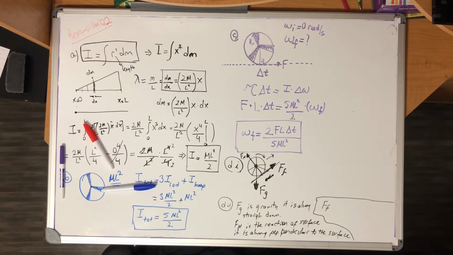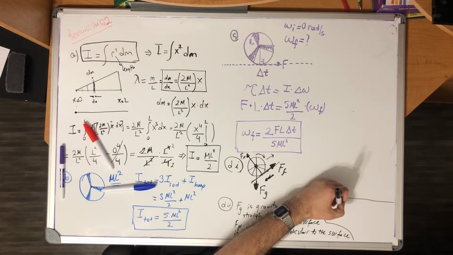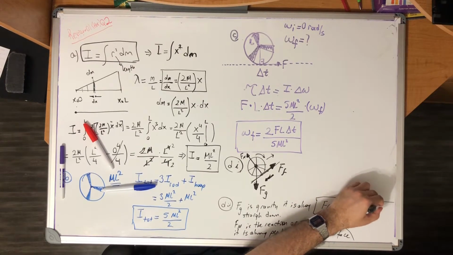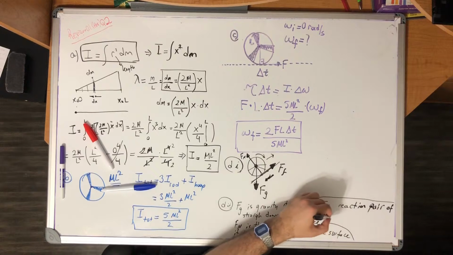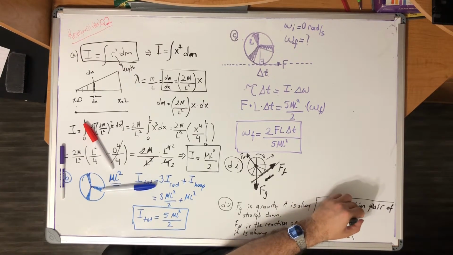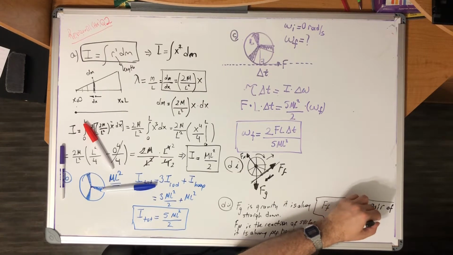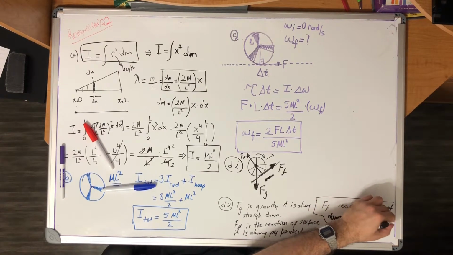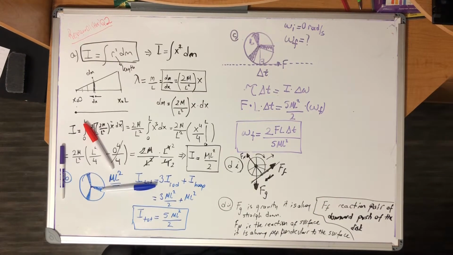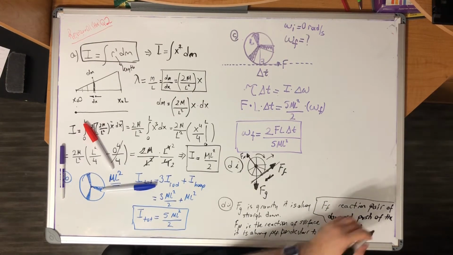So what's the best way of describing that? Friction force is the reaction pair of the downward push of the disk when it rotates.